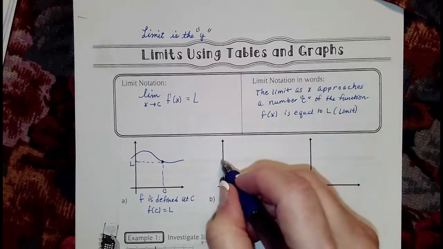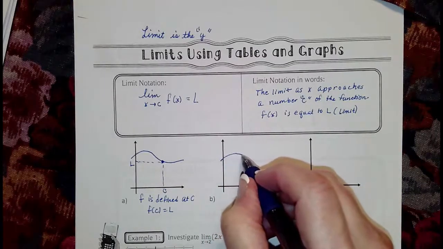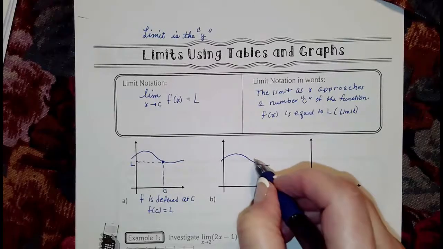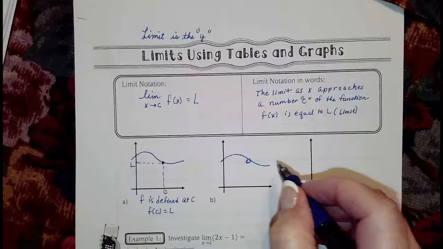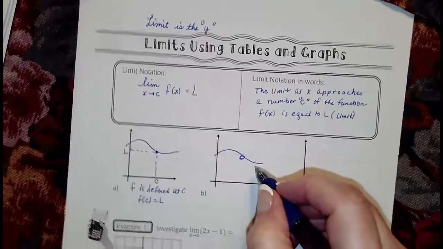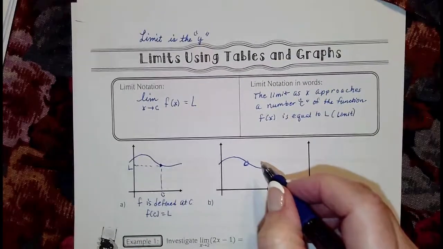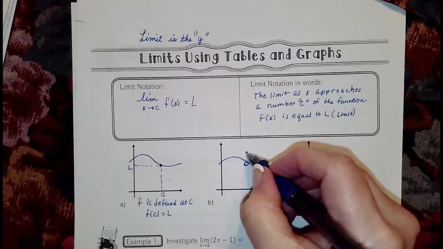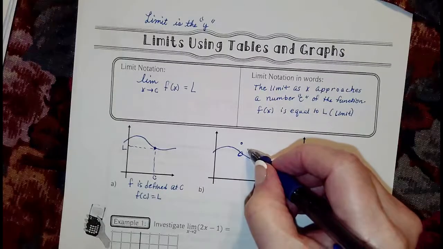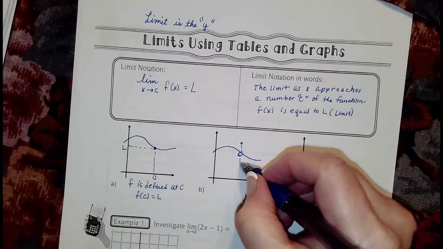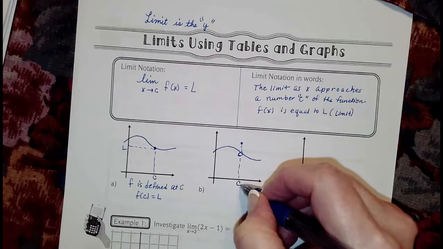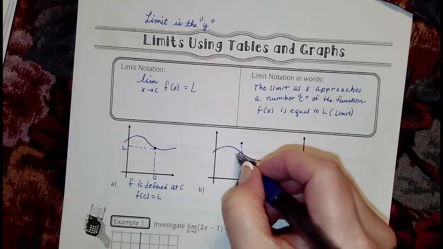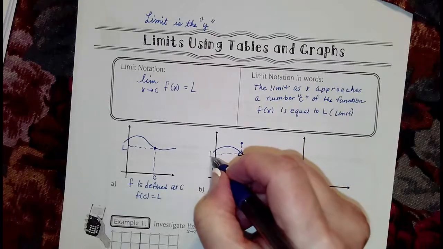Another possibility we might have is where we have this curve again, but there's a point missing. But instead of it being totally missing, it's just up here. So again, that's still c. But now L is not there.